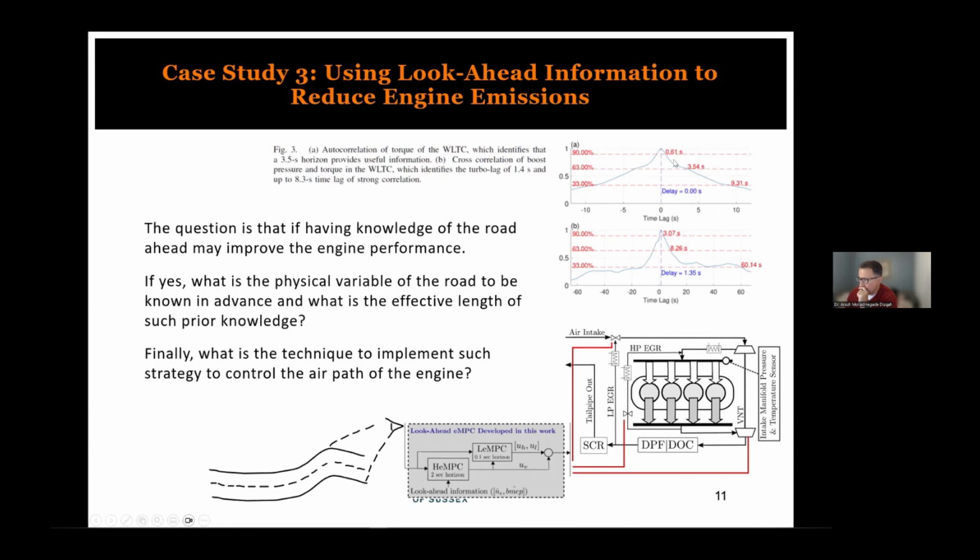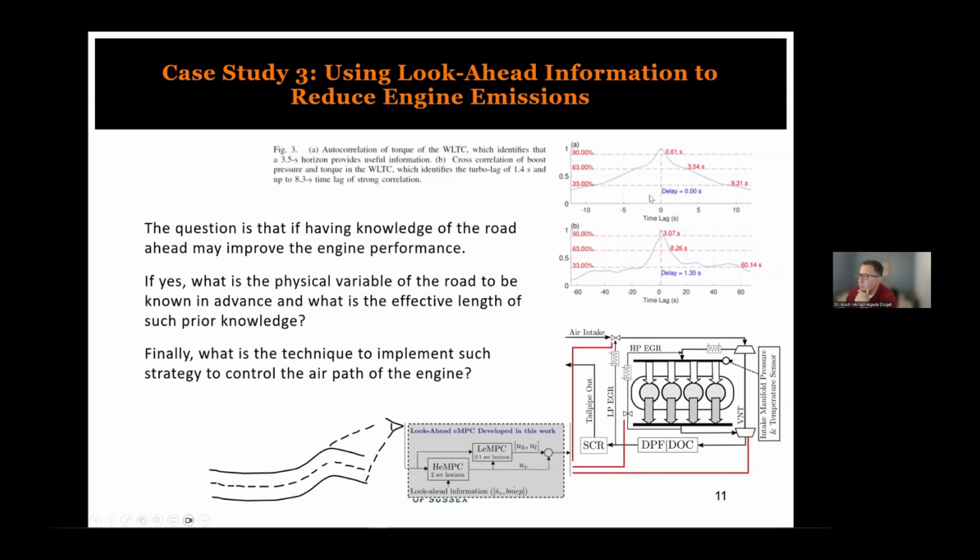First of all, we did extensive statistical research, finding that about 2 seconds of look ahead information is enough, and particularly in the form of torque demand. So if we know the torque demand that our vehicle would experience within the next 2 seconds, it's effective, and we don't need to have more look ahead information.